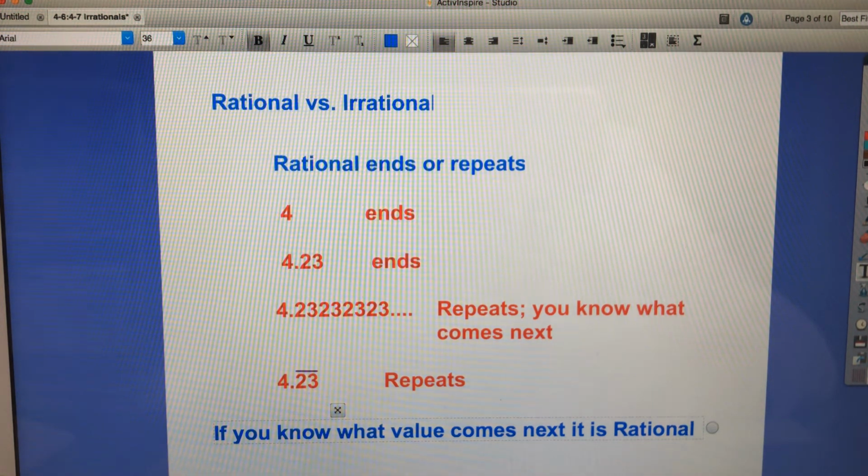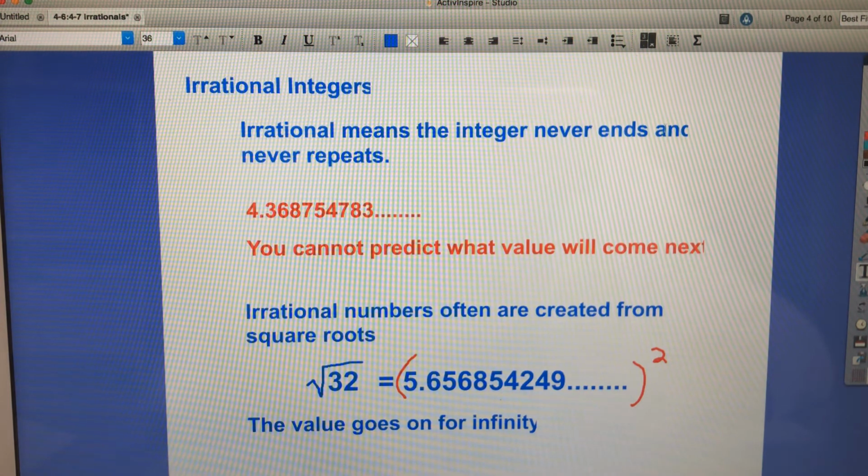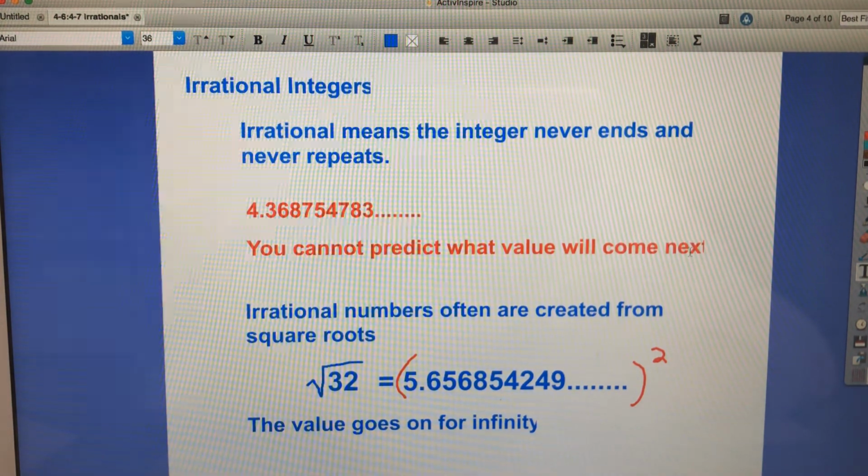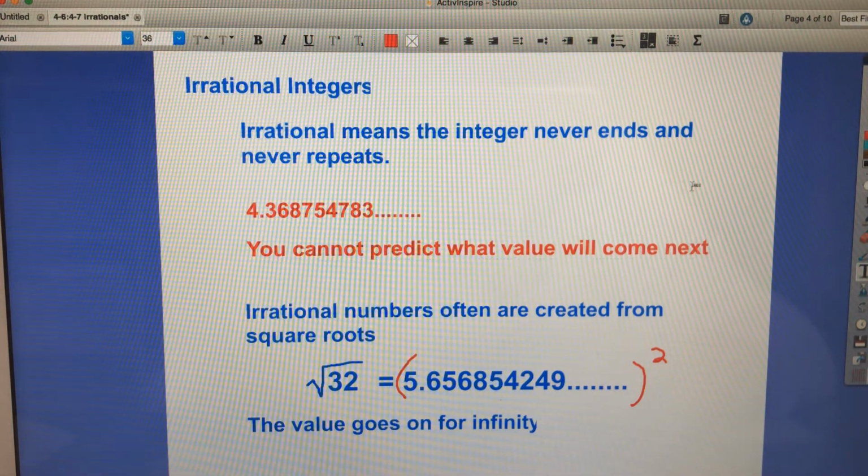It makes sense. But if I have no idea what comes next, it's irrational. Irrational means that the integer never ends and it never repeats. You cannot predict what value will come next. Usually and often they are created by square roots or from square roots. The value goes on for infinity.